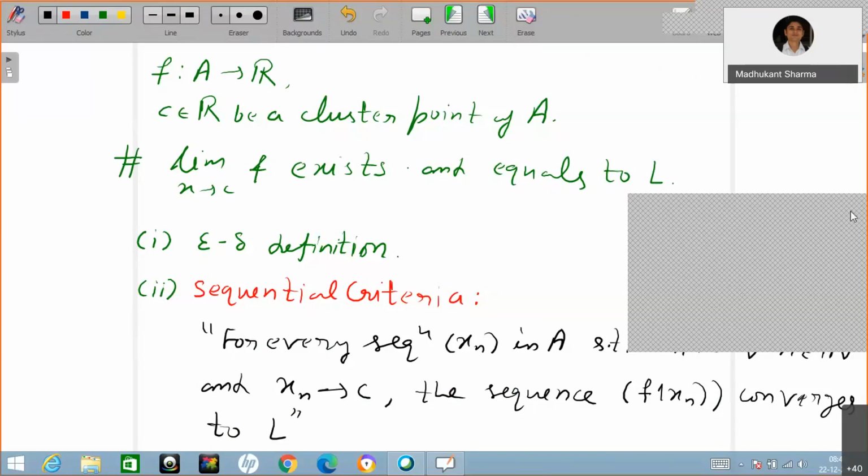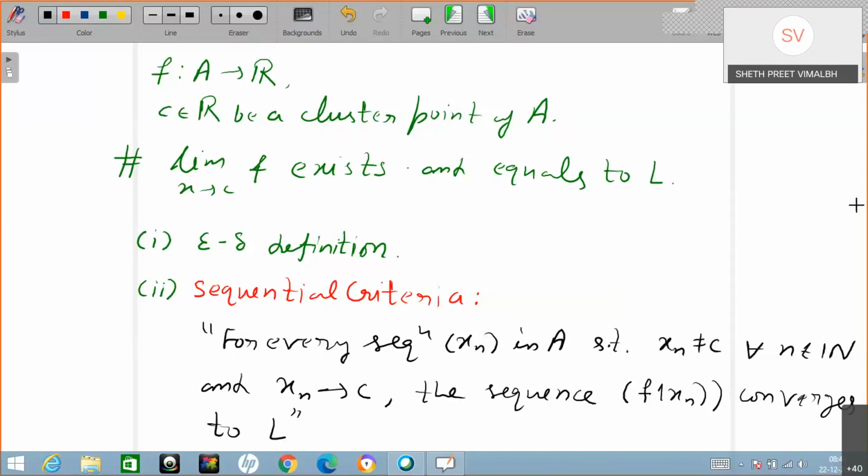Sir, in the third line we had written the limit as x tends to C of f of x. Therefore we are trying to get f of C. Therefore, would C belong to A or not?